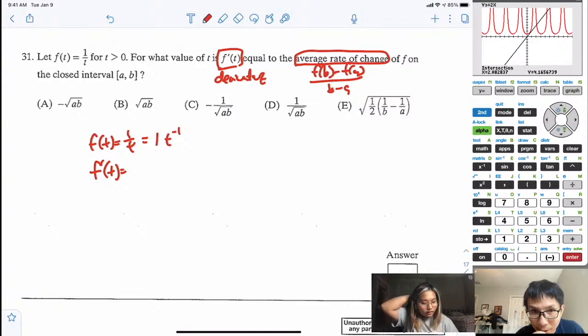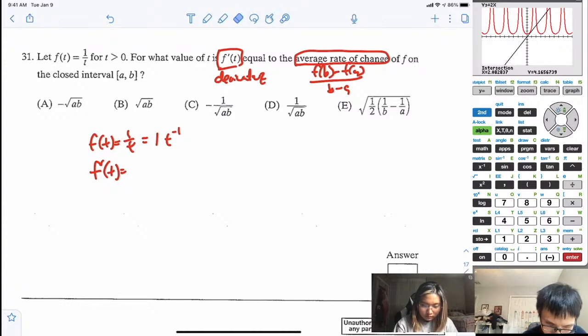Yeah, I bring up the t, so it'll be 1 over t, which is t to the negative 1. So I'll take the derivative of t to the negative 1 strictly using the power rule. So it's negative t to the negative 2.